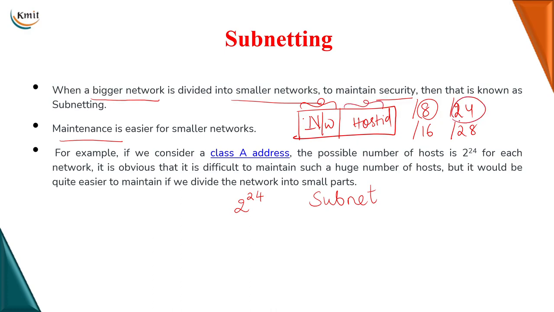If it is /24, the first 24 bits, that is 3 bytes, are used for network ID and the last byte, 8 bits, are used for host ID. From a total of 32 bits, we choose a prefix, whether it is 8, 16, 24, or any number like 12 also. That many bits will be used for network ID and the remaining will be used for host ID.